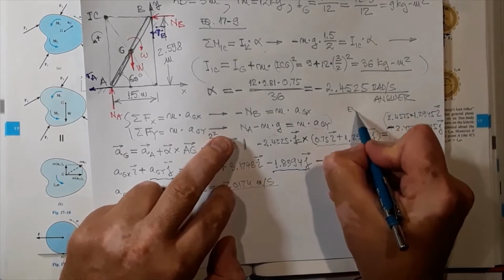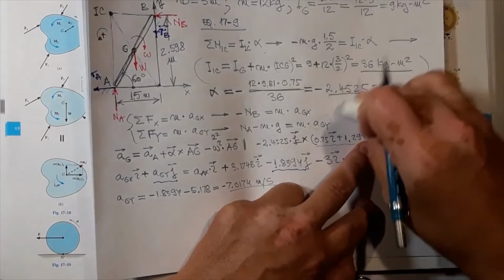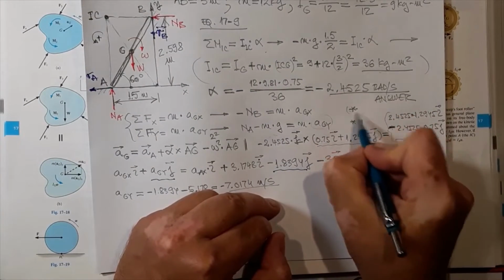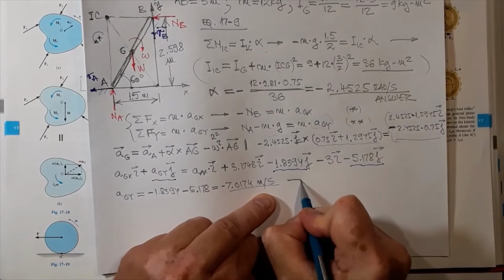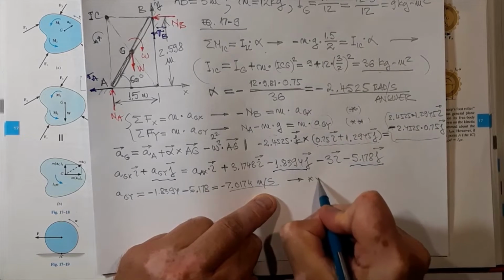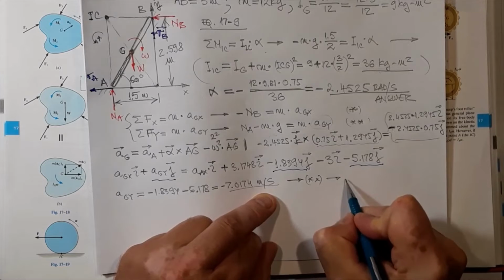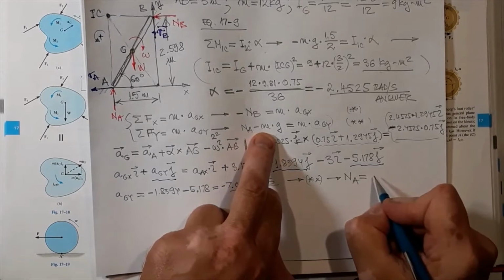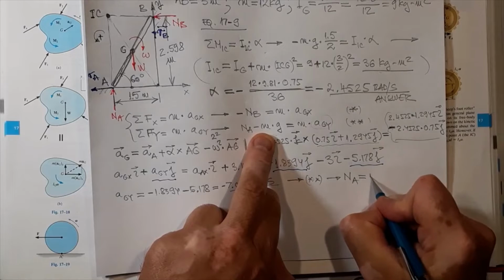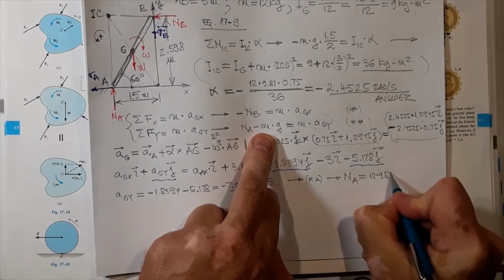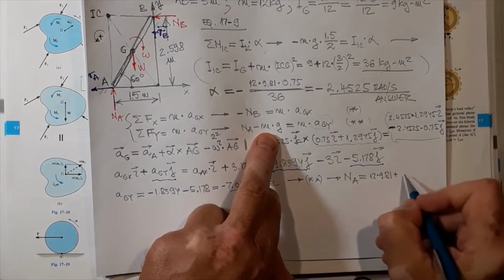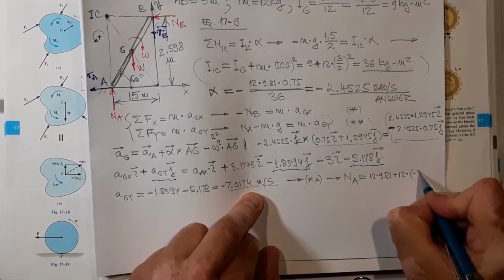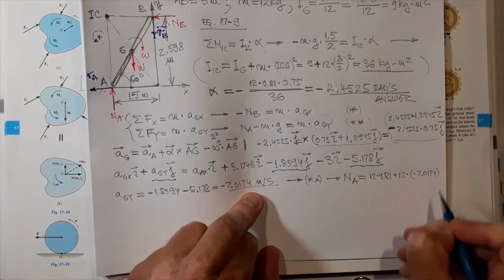So going back to, let's say this is equation 1 star and equation 2 star. With this one taken to equation 2 star, it gets me the normal reaction at A is mg, move to the other side, mg, that's 12 times 9.81, plus mass, 12, times the acceleration we just calculated, negative 7.0174.